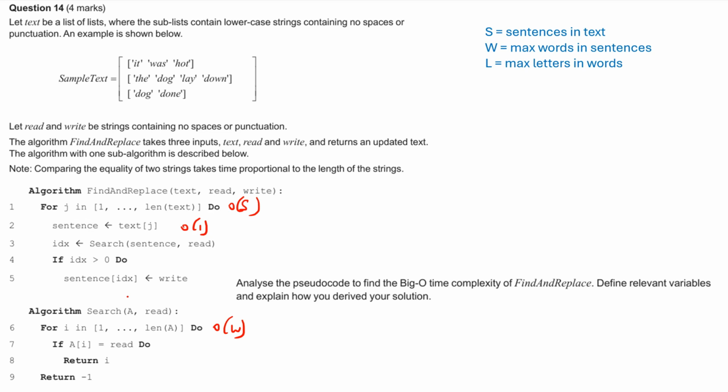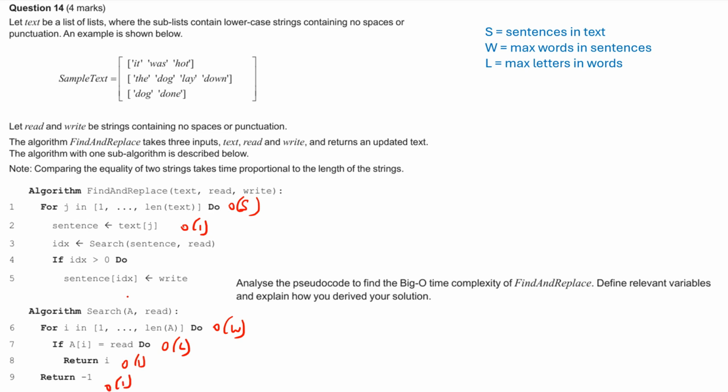And then for each of the words in W, if A[i] equals read, we're told in the little bit here that this happens in proportion to the length of the strings. So this is going to be the maximum letter of the word. So we could stick in some O(1).